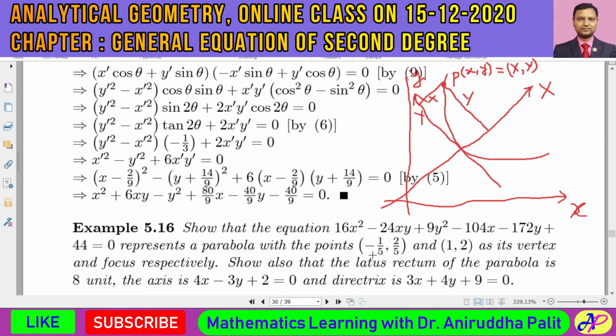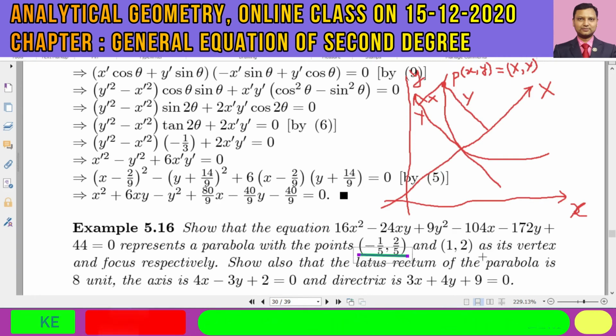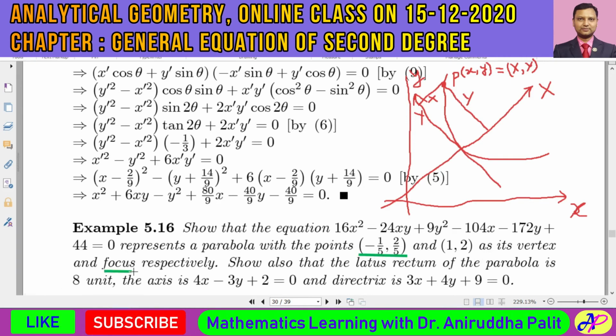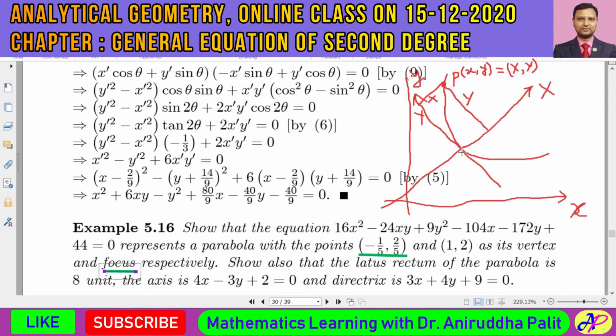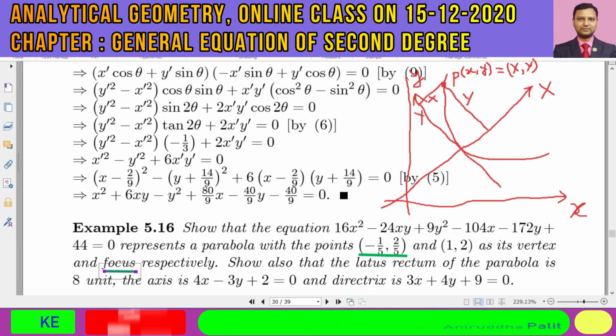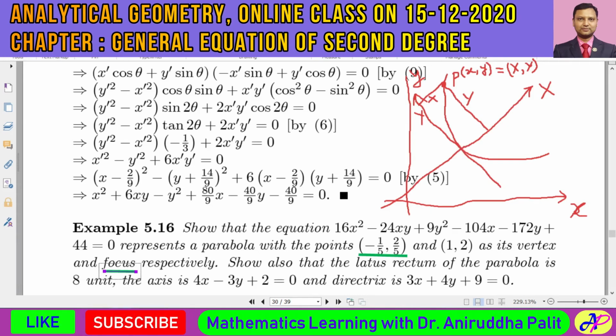Oh, sorry. This is the vertex and this is the focus, respectively. Got it? That means (-1, 5) and (2, 5). This would be the vertex. Let me draw it here.